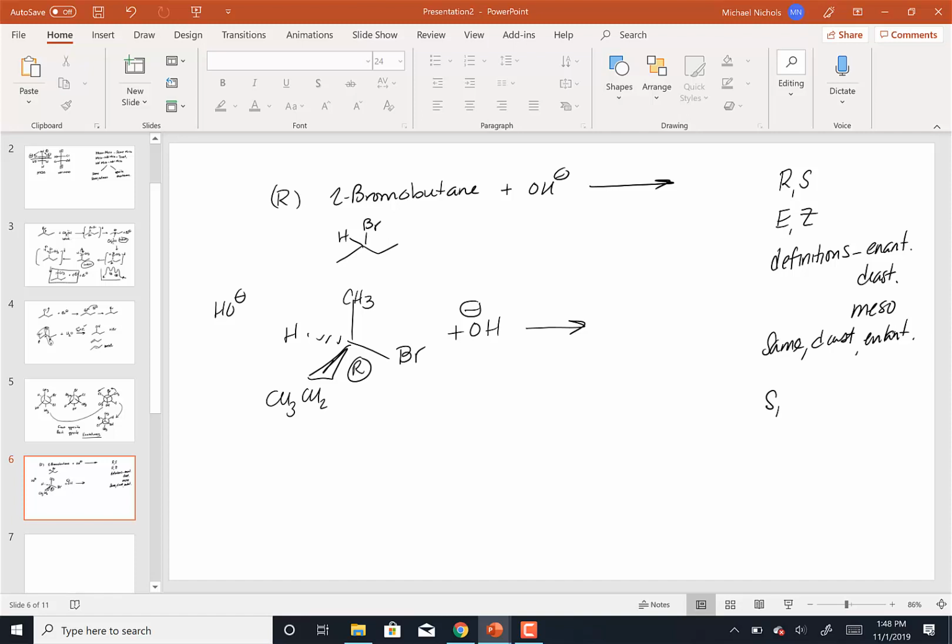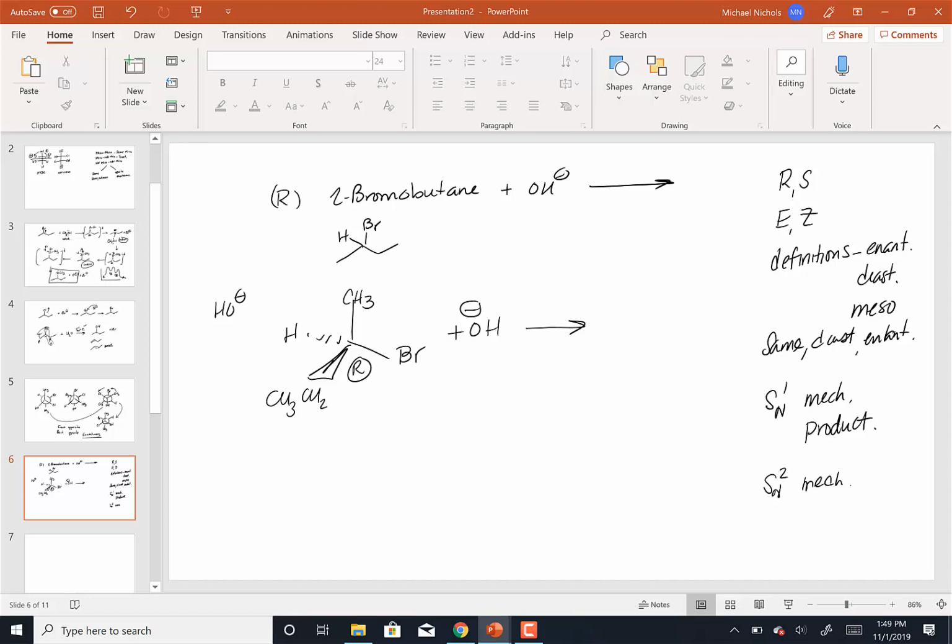Chapter 7 with SN1, I'm going to ask you to draw a mechanism. I'm going to ask you to draw the products without the mechanism, or without the graded mechanism. So in other words, if you need part of a mechanism to write the product, that's great, but I'm not grading it. I'm just looking for the final products. So both the mechanism and the products. For SN2, we have the same thing.